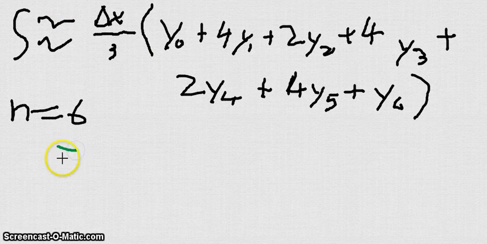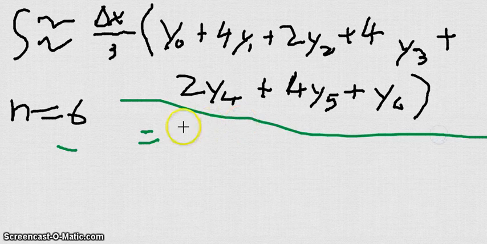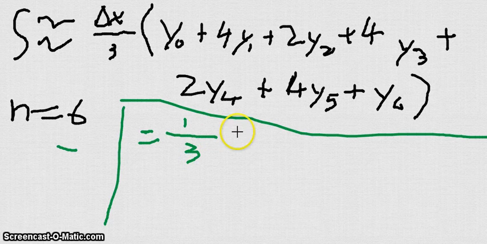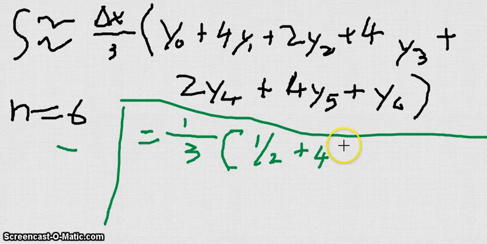Then we substitute the values from the table into the equation. We get delta x, which is 1 over 3, multiplied by y0, which is 1 over 2, plus 4 multiplied by the y1 value.